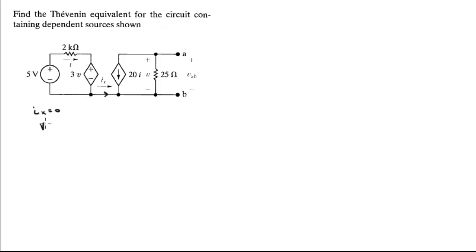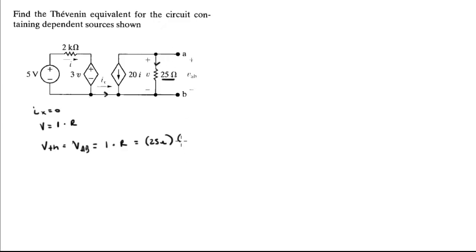Now, you know that Ohm's law is the voltage equals the current times the resistance. So, the Thevenin equivalent, as measured from A to B, of course, so it's equal to VAB, is equal to the current times the resistance according to Ohm's law, which is the 25 ohms right here, and the current going through it.